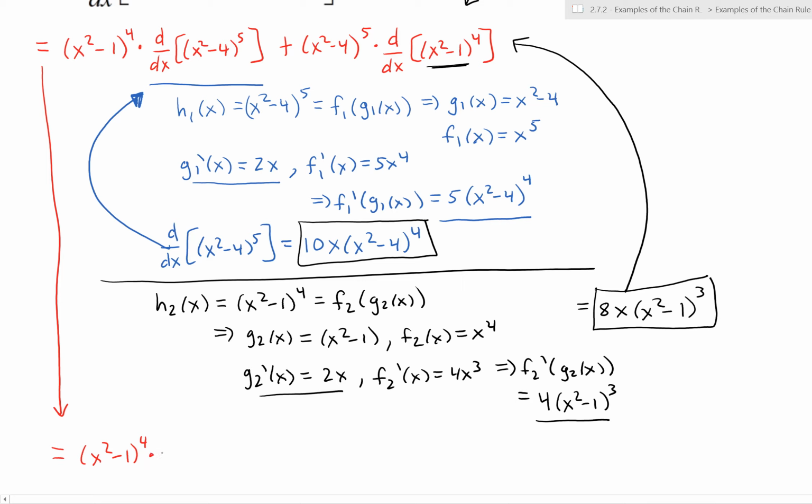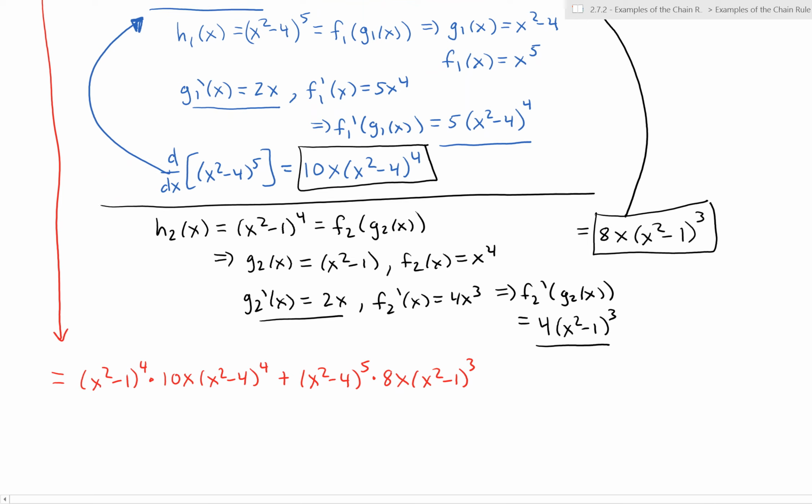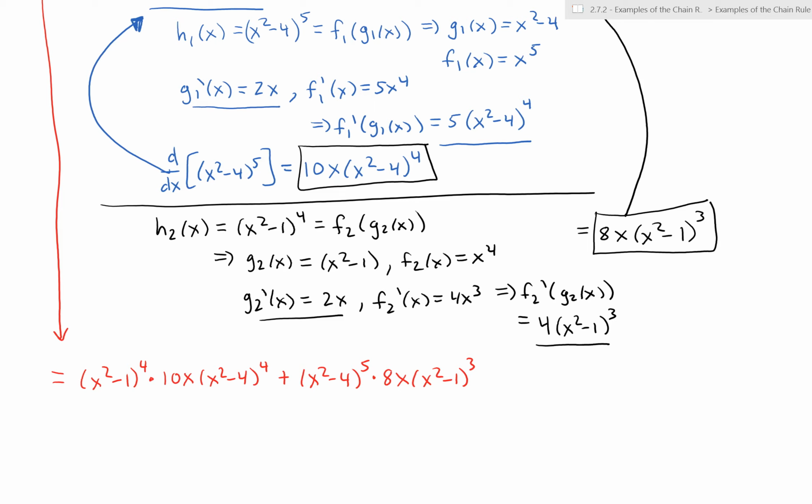So that's times 10x times x squared minus 1 to the 4th power plus the x squared minus 1 to the 5th power times that second derivative that we just found, which was 8x times x squared minus 1 cubed. So that's where we're at. That's our derivative so far. Now, it's a lot of stuff there, right? But you see how I'm keeping track of every little piece so we don't get lost throughout the process.